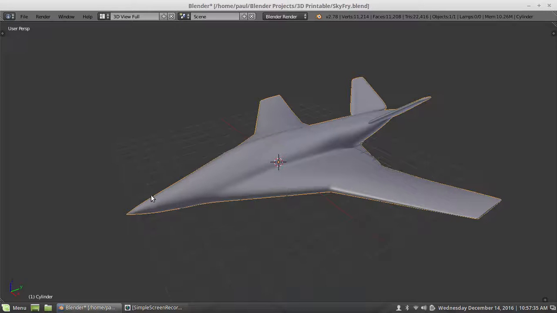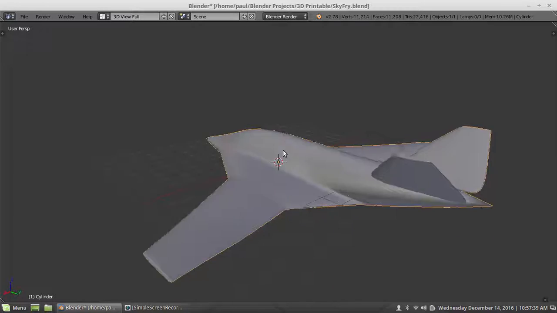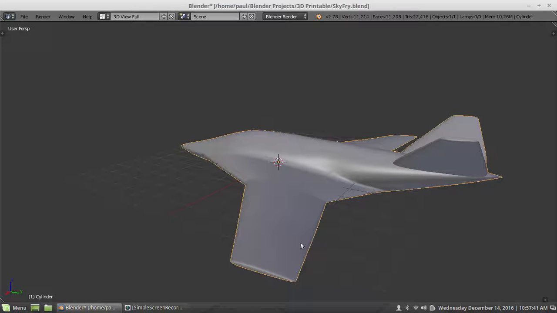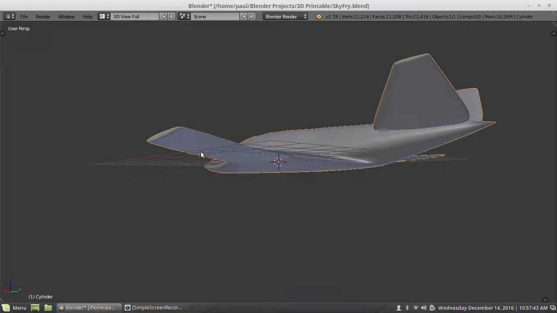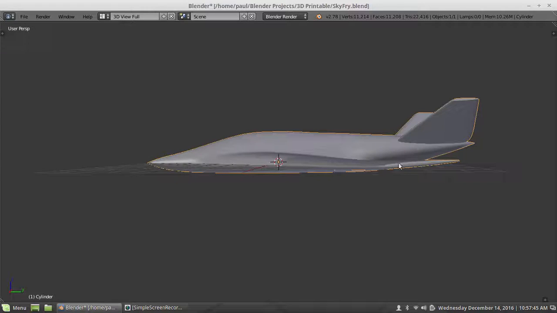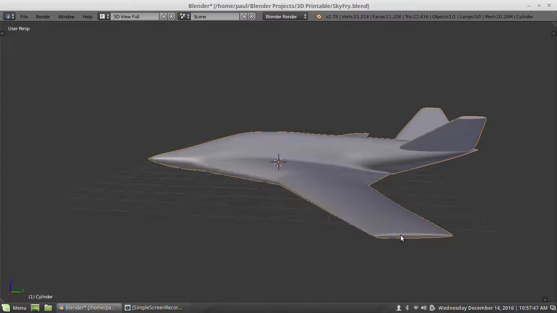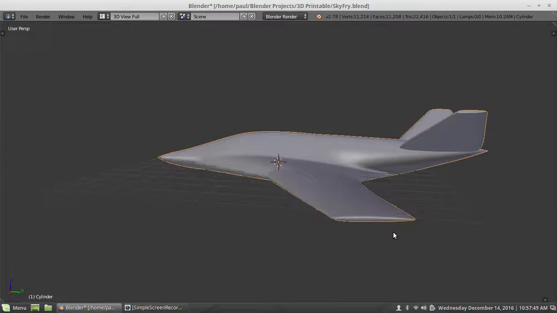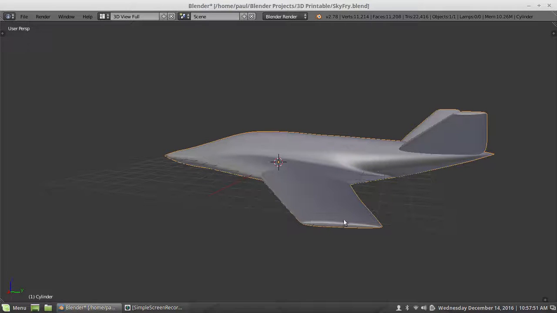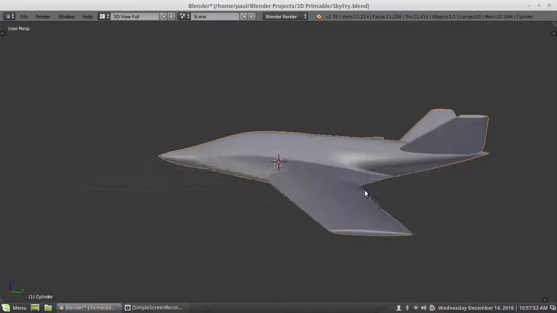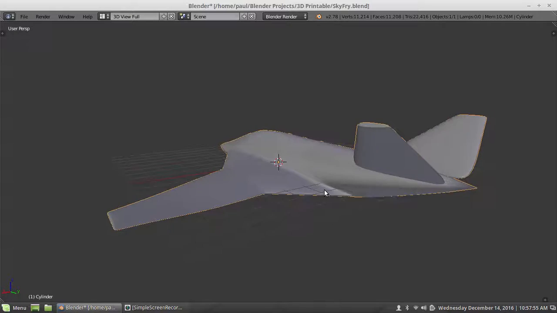I'm probably going to split this up for a pusher prop on it. I don't know if I should put the ailerons right at the wingtips because I have an extreme twist on the wingtips. There's actually quite a downward twist, and that's supposed to be for stability.